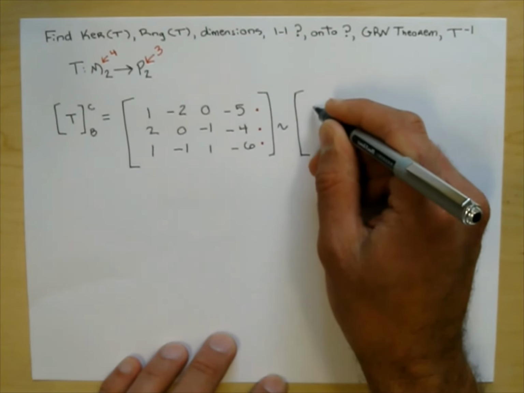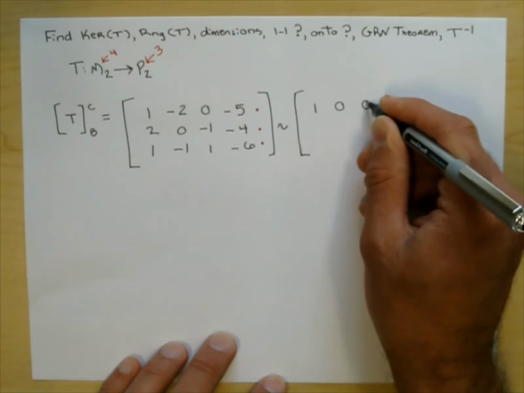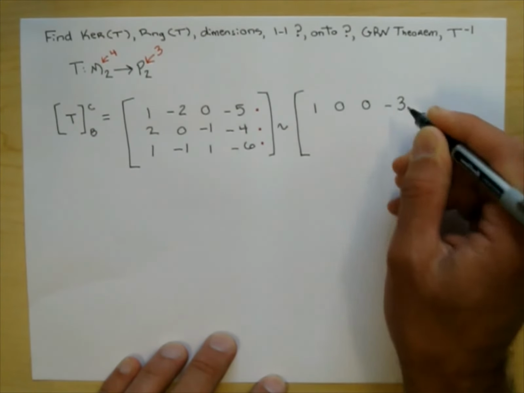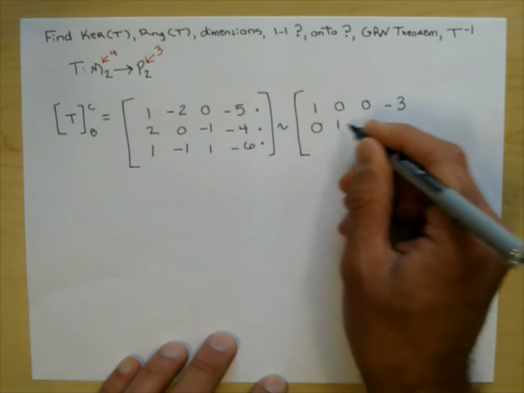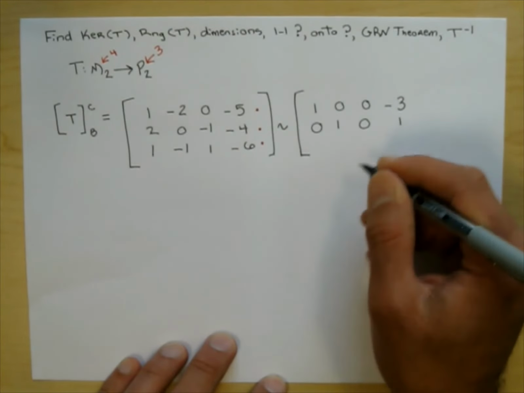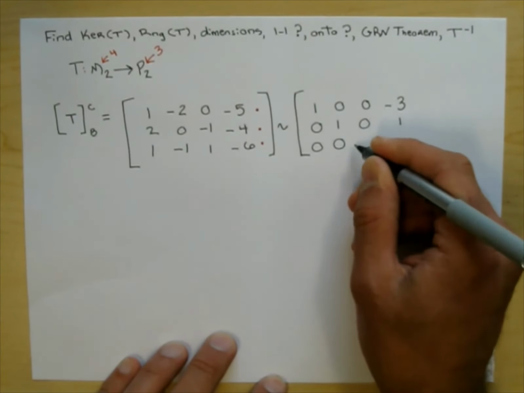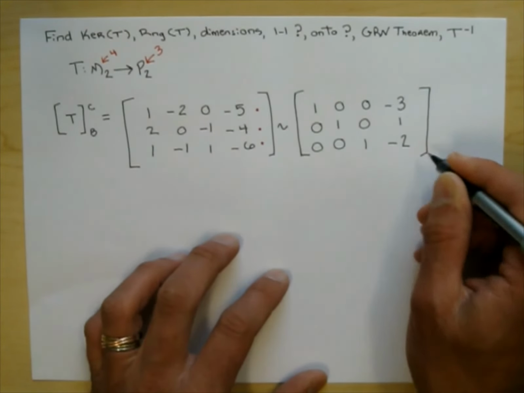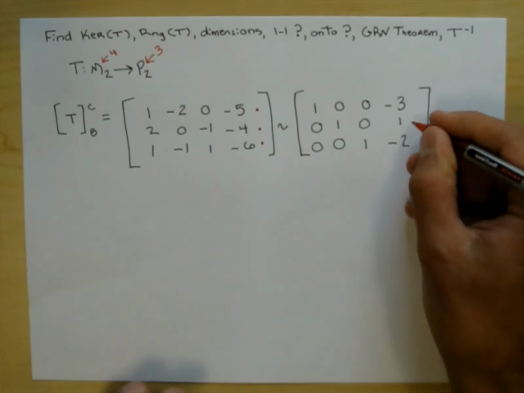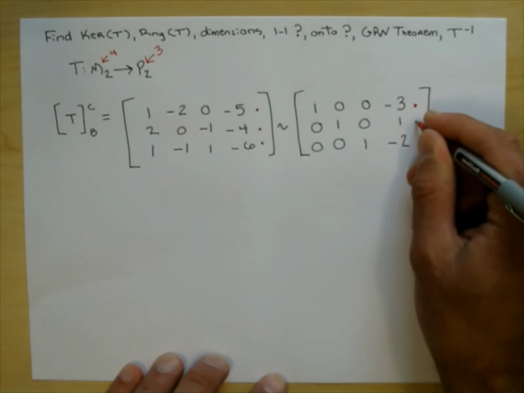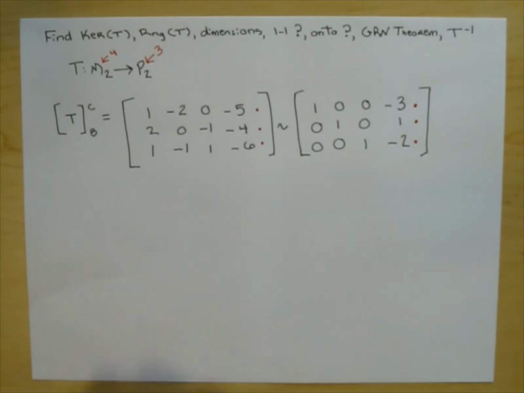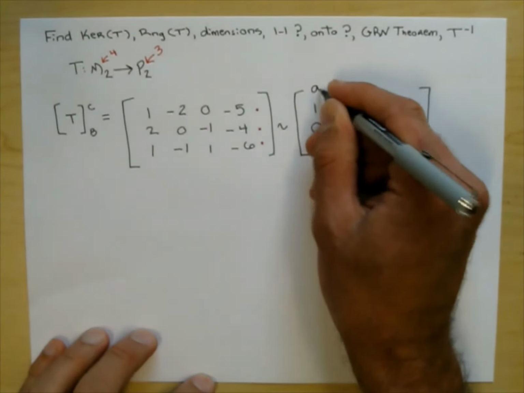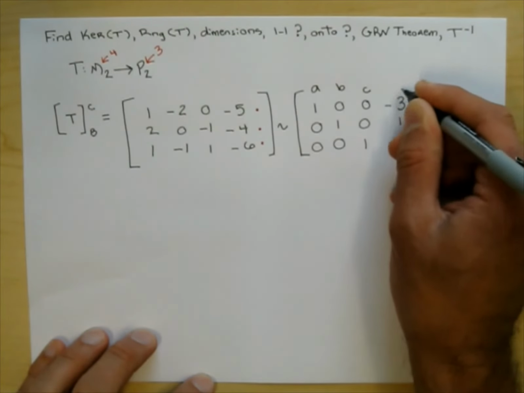I ended up getting 1, 0, 0, negative 3, 0, 1, 0, 1, and then 0, 0, 1, negative 2. I put this matrix in reduced row echelon form, and of course these zeros in red are zeros as well. And the variables were A, B, C, D.